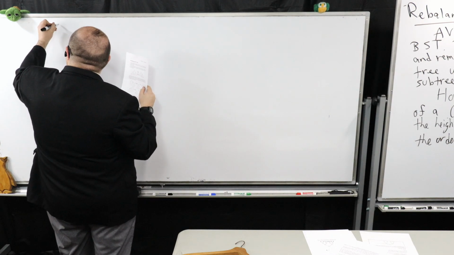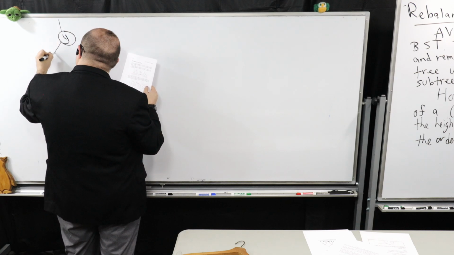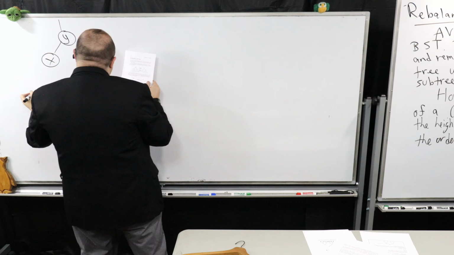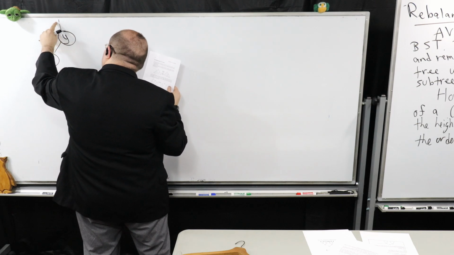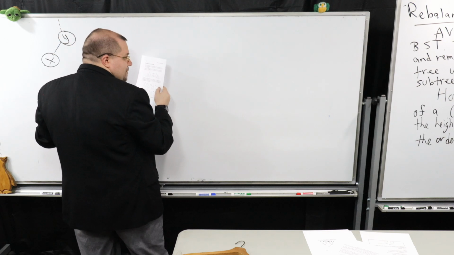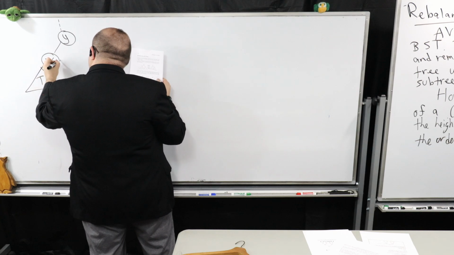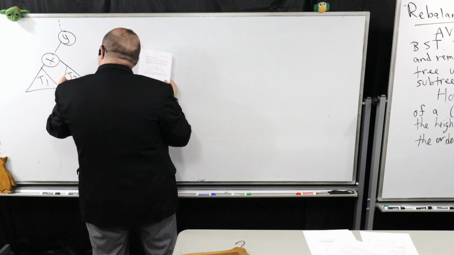I'm going to draw a fun picture of what one of these rotations looks like. This is what a simple rotation will look like. I must stress that it may not necessarily have a parent, but I'm going to draw it as a dashed line here to keep things simple. I'm going to draw the subtrees as triangles here.